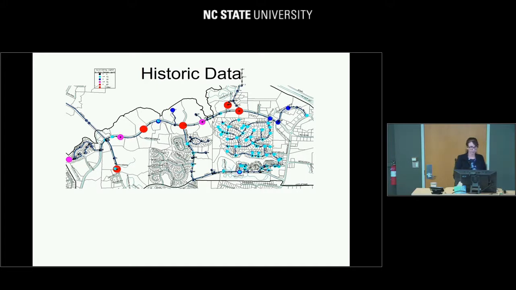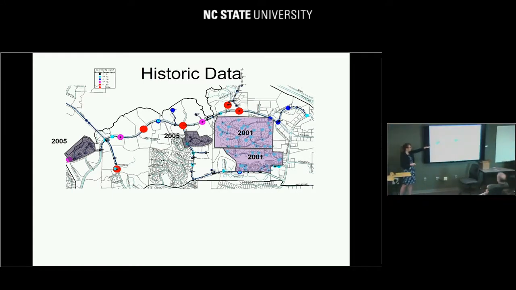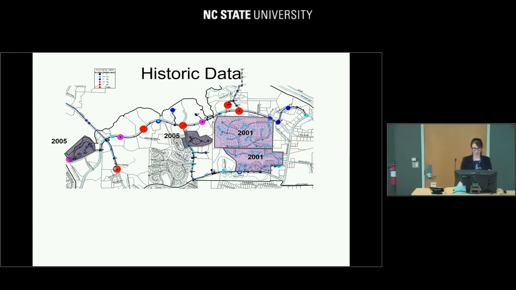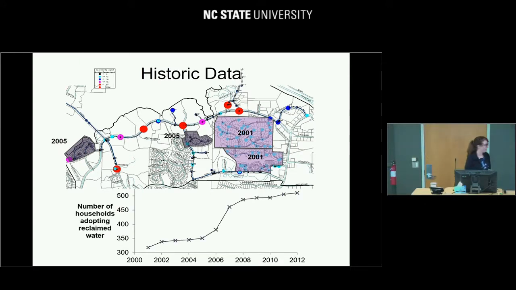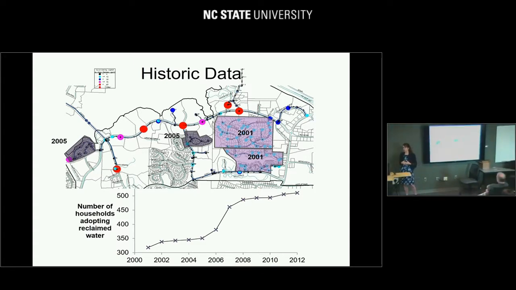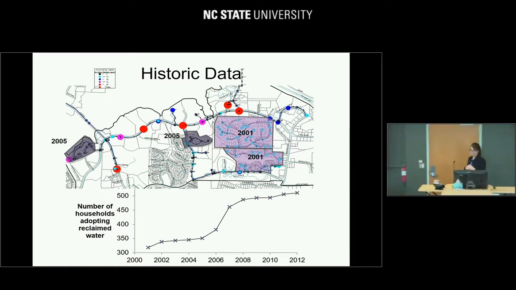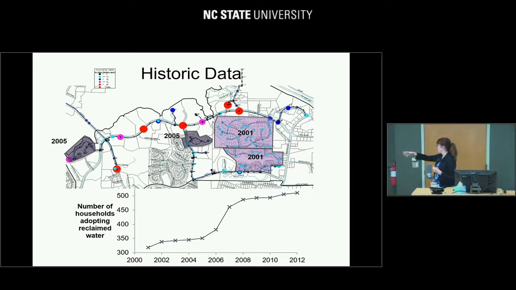We overlaid that with network data, which tells us the access that different houses have to the water reclamation infrastructure. In 2001, you see some neighborhoods came online and had access, and in 2005, these secondary neighborhoods had the infrastructure available. And here's the history of accounts that were started on an annual basis, going from 2001 up to 2012.